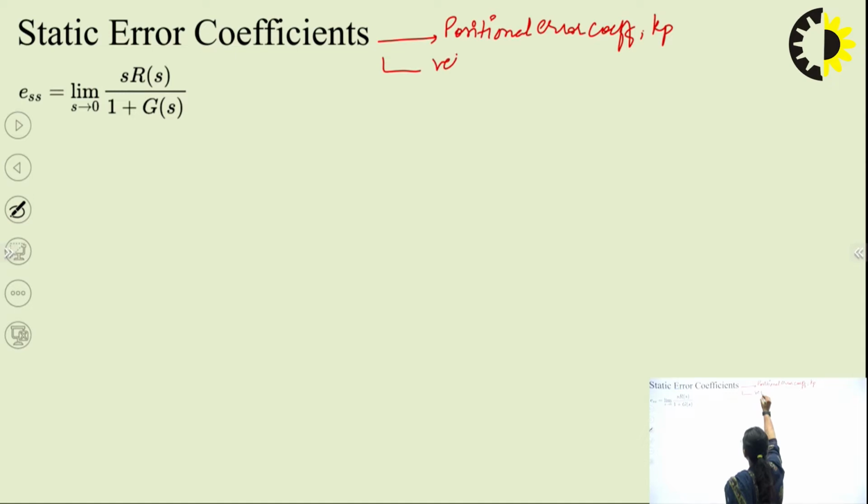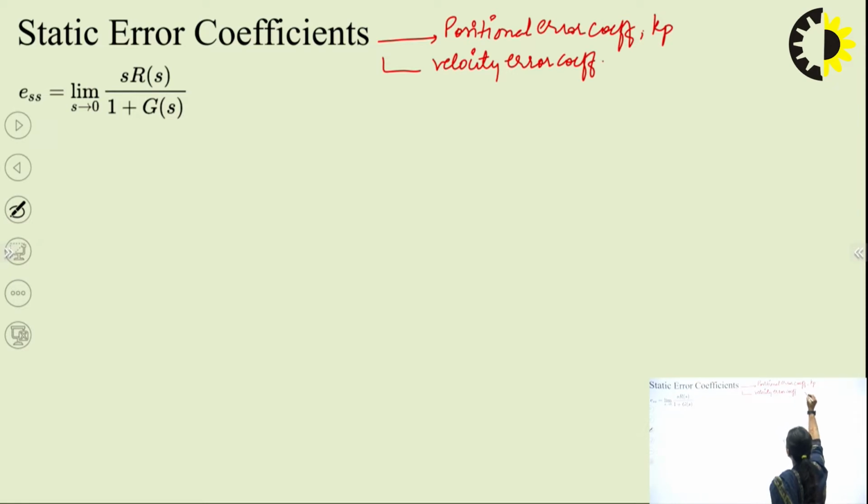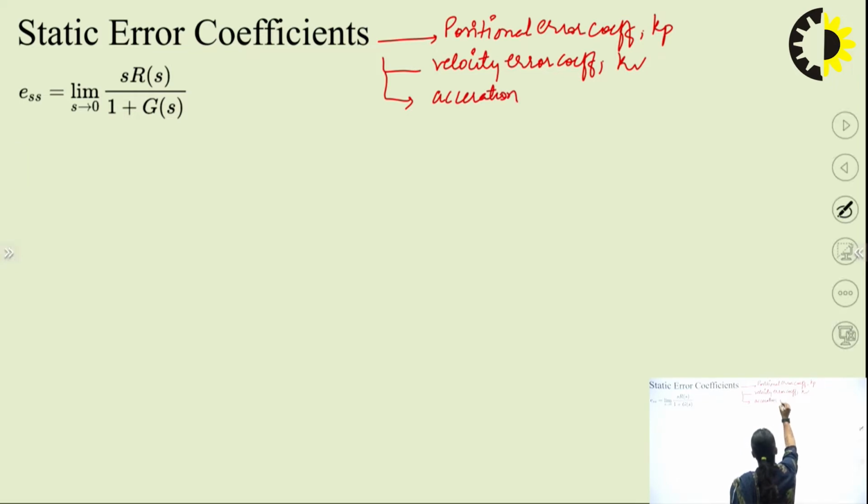Another one is the velocity error coefficient. This can be calculated only when the unit ramp signal is applied to any system, and it is represented by Kv.